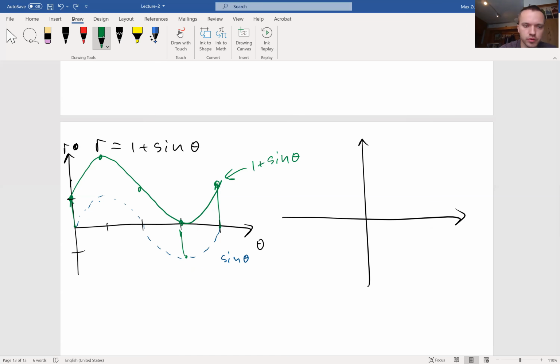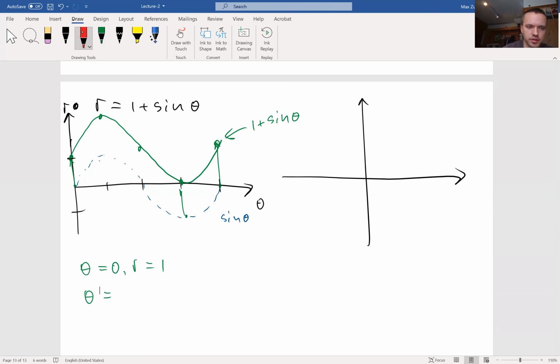So when theta is equal to 0, I'm going to have that r is equal to 1. When theta is equal to pi over 2, because remember this is pi over 2, this is pi, this is 3 pi over 2, and this is 2 pi, my r is equal to 2.